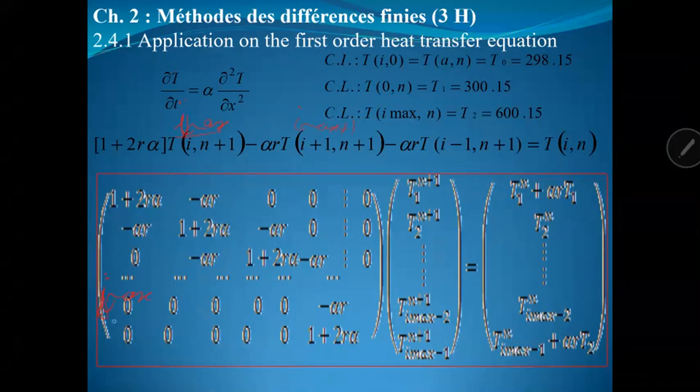Out of domain. Then I need to stop here at i max minus 1. I will check. Here i max minus 2, and here i max minus 1. Then the last one is T_(i max minus 1)^n.